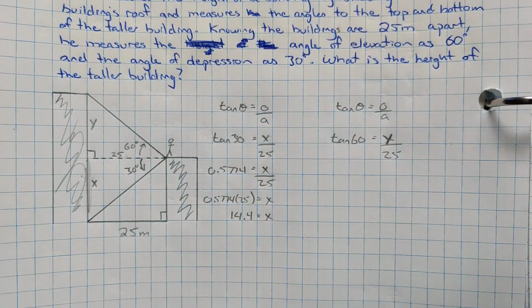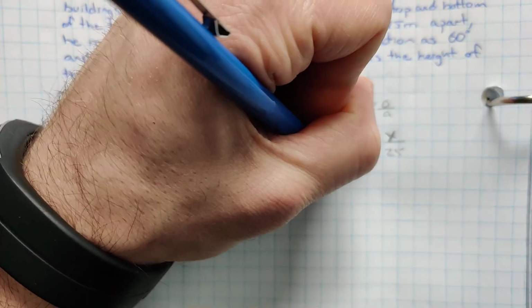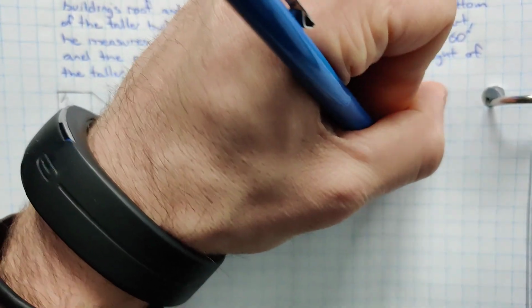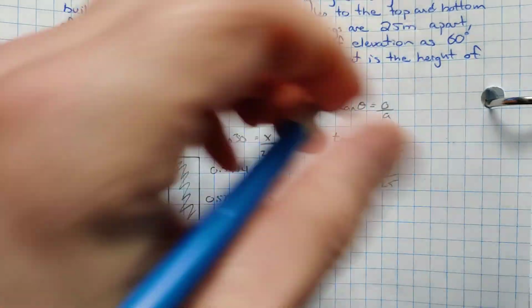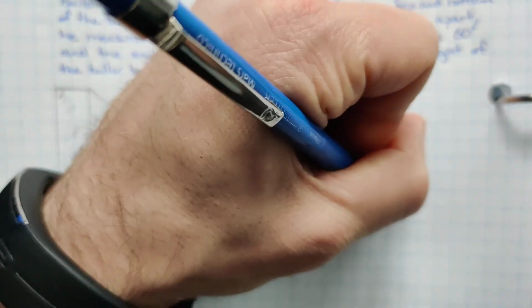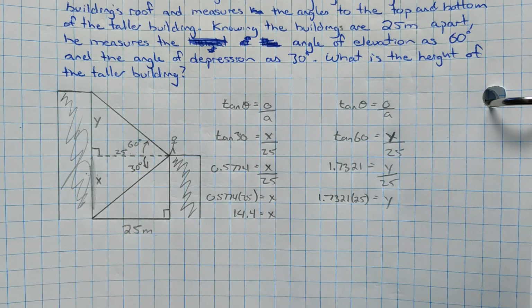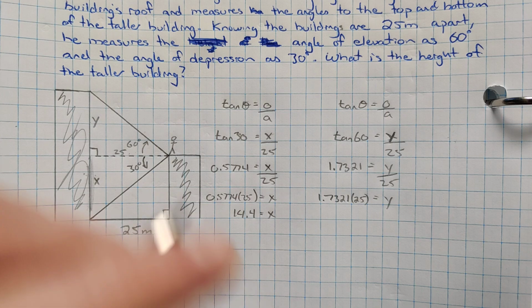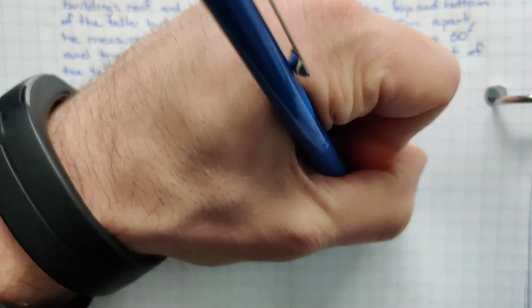But tan 60 is going to give me 1.7321 equals y over 25. Cross multiply that 25, we get 1.7321 times 25 equals y. And so if I do 25 times 1.7321, I'm going to get 43.3.